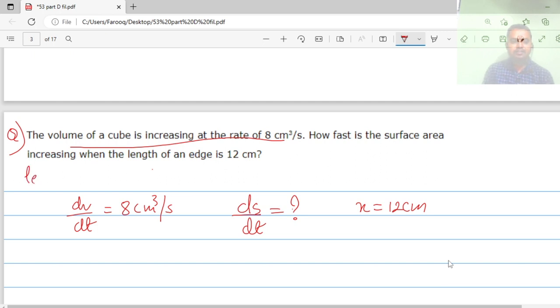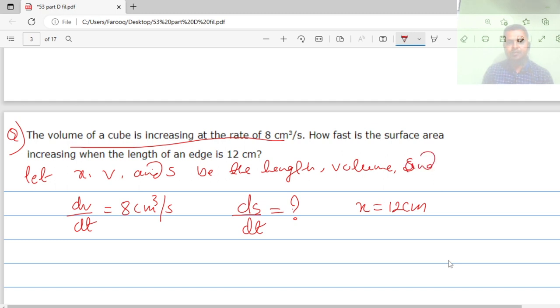Let x, V and S be the length, volume and surface area of a cube respectively.